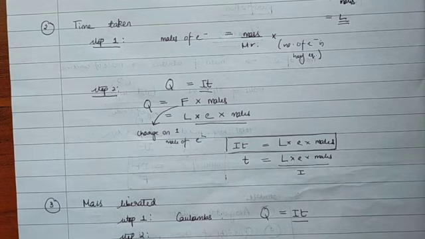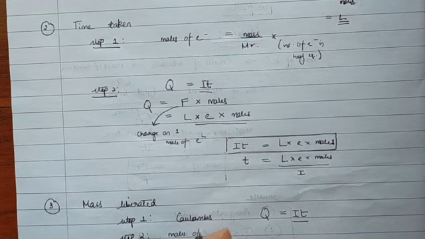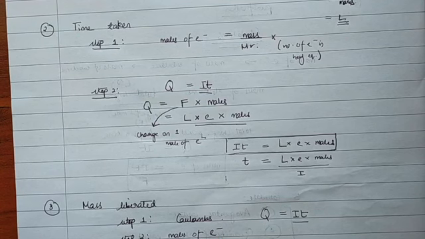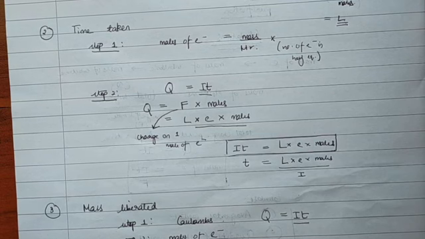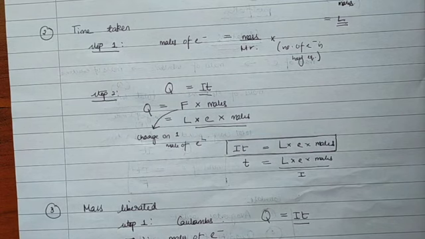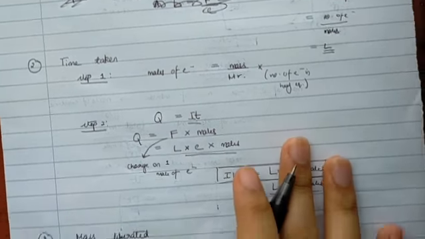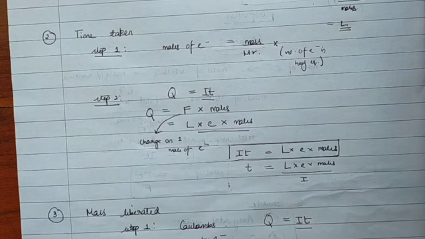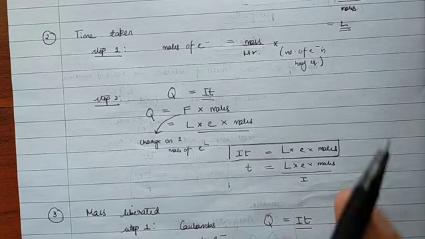And step 2 would be to calculate the moles of electrons, which will be the coulombs divided by F, which is Faraday's constant. And this comes from this fact right here. This and this is basically the same because it is just moles times F equals Q. Again, moles times F equals Q.